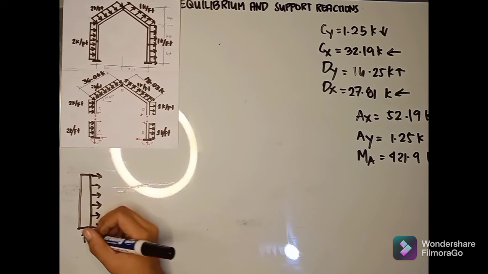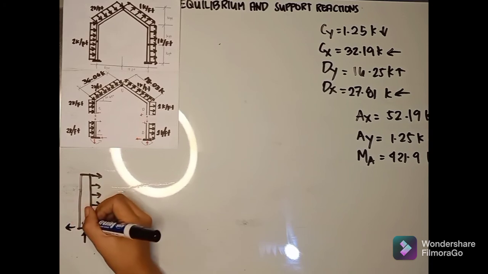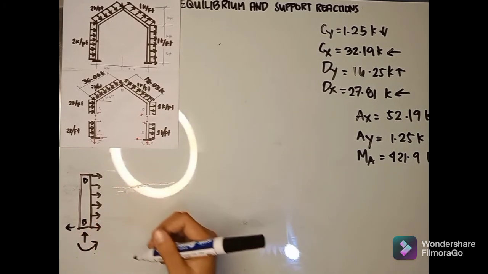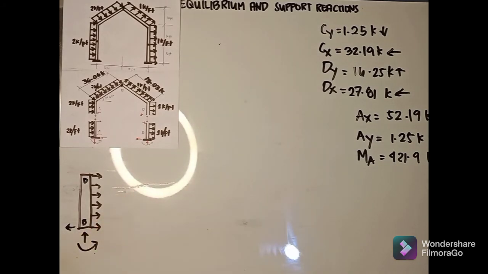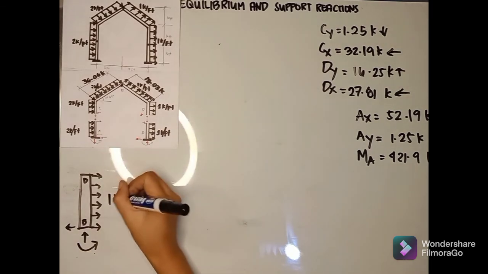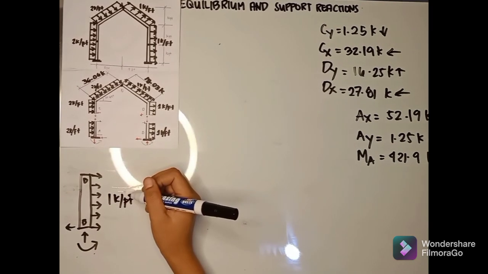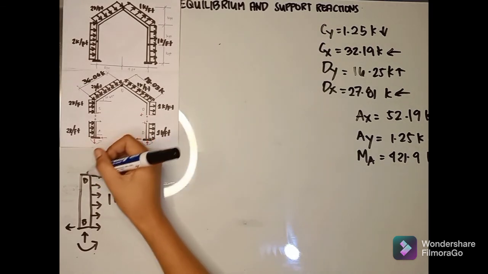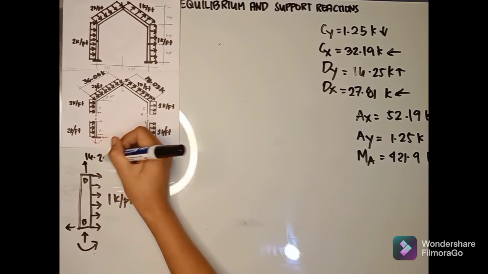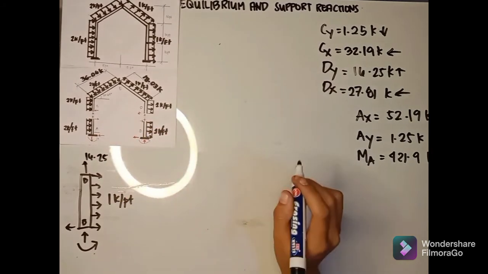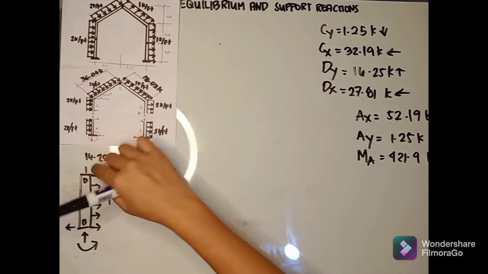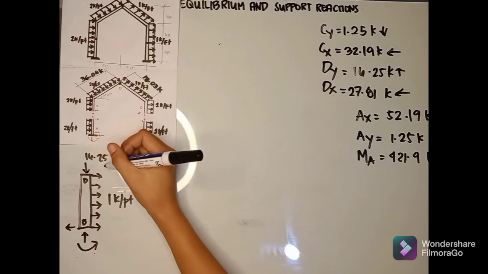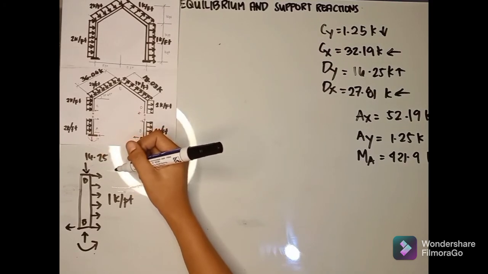Yung assumption natin sa forces is point B and point D. 1 kips per feet. At yung sa DY niya is 16.25. DY, downwards. Kasi upwards yung sa CED. So, magiging 16.25 downwards.